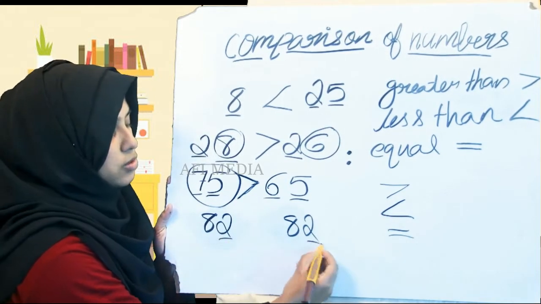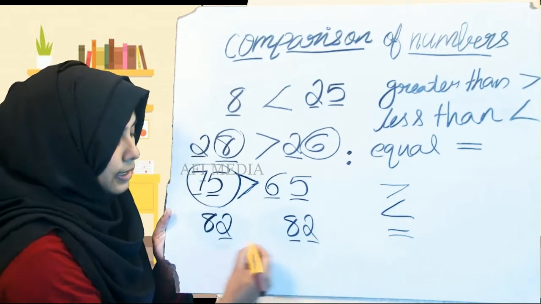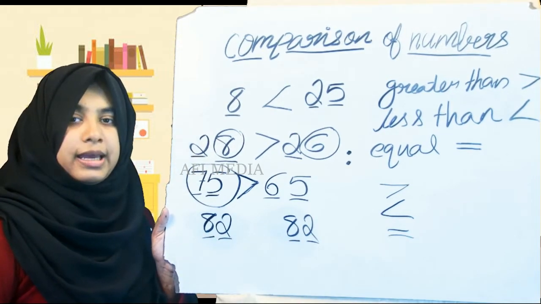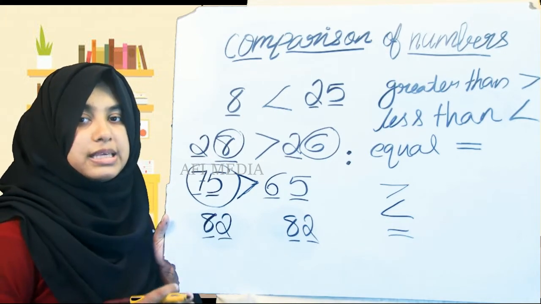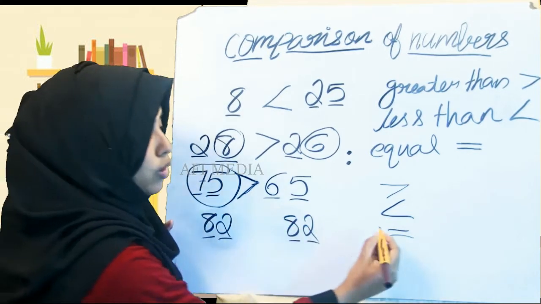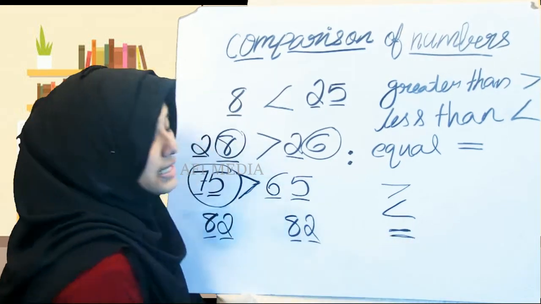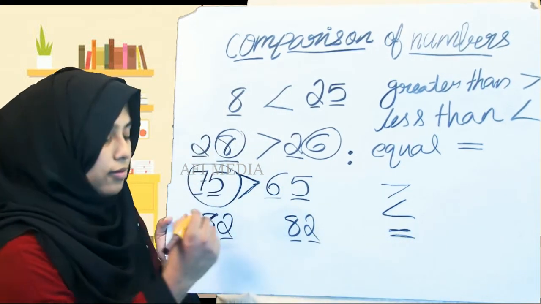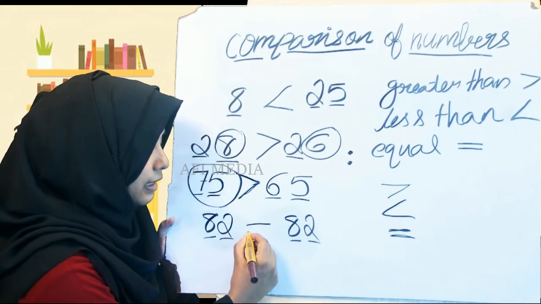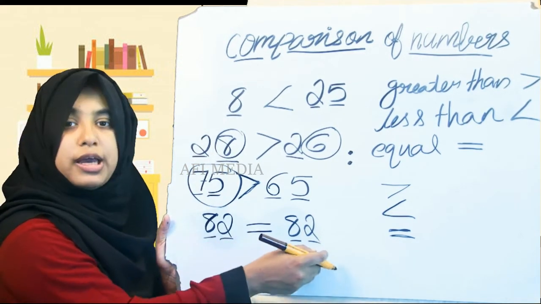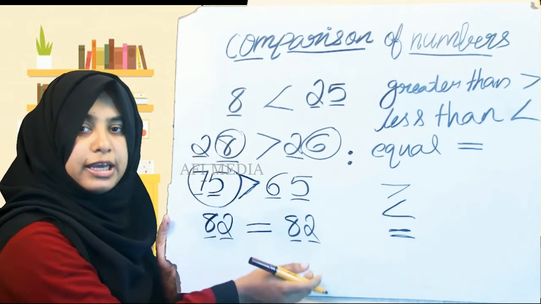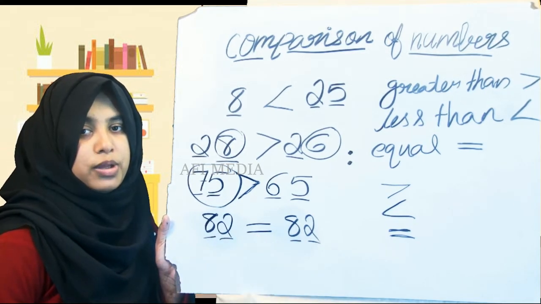Ones place 2 and 2, tens place 8 and 8. Then what can you understand here? These two numbers are the same, or equal. So we can use the equal sign: 82 equal to 82.